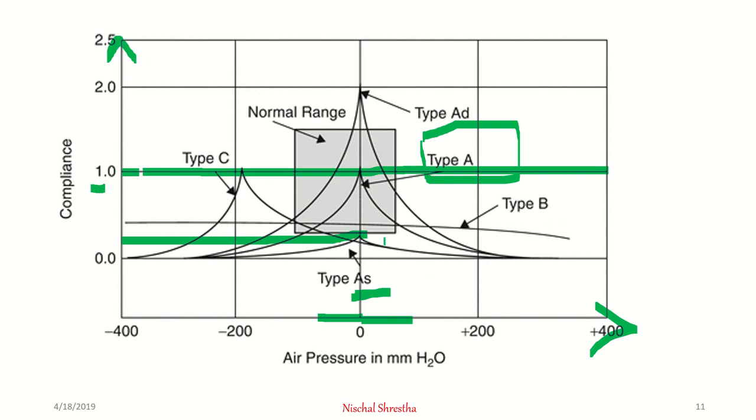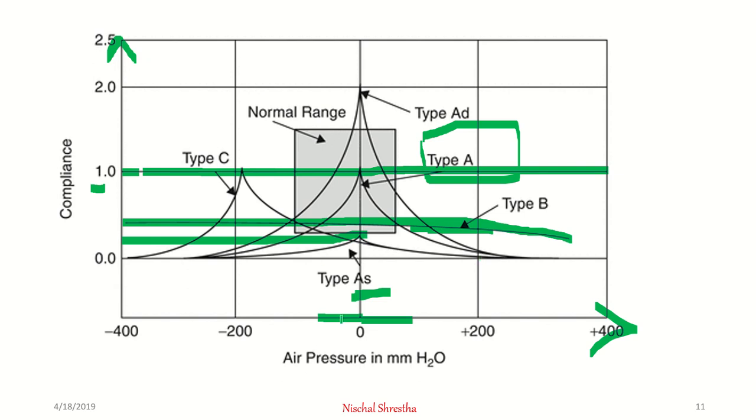And in type B, see this graph, this is more likely a flat curve. Both the compliance and pressure are not in the normal range. Both have changed, both have decreased.